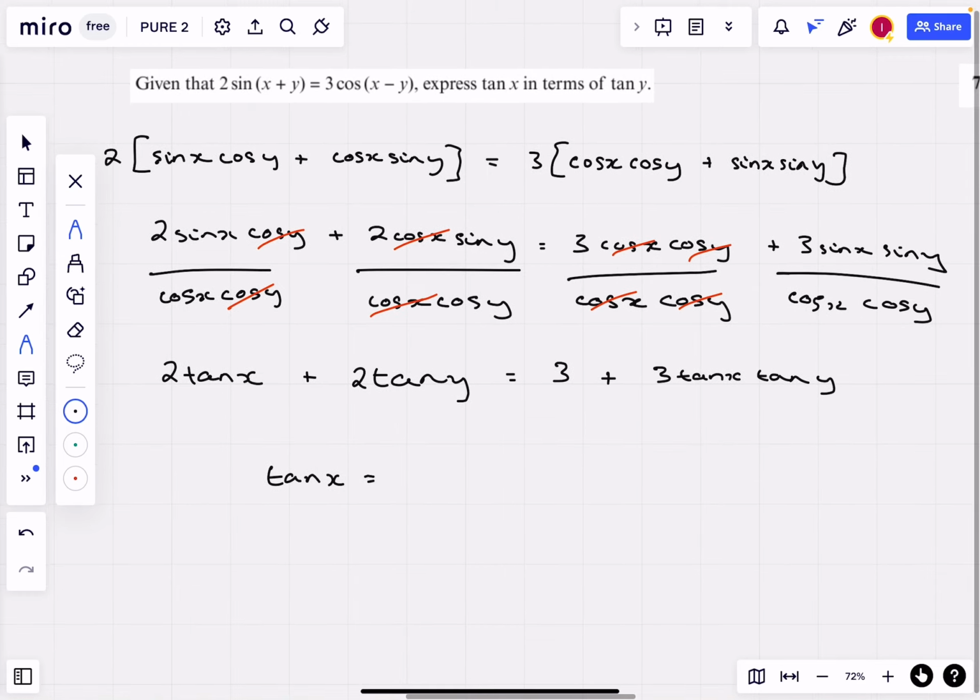So what I'm going to do is I'm going to put all the tan x's on one side, like this. And then factorize out tan x.